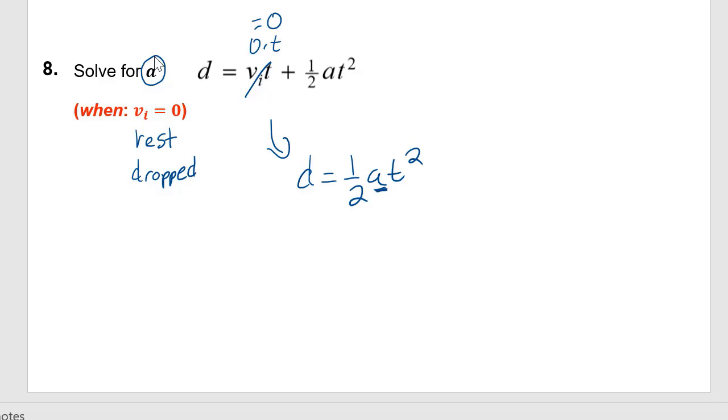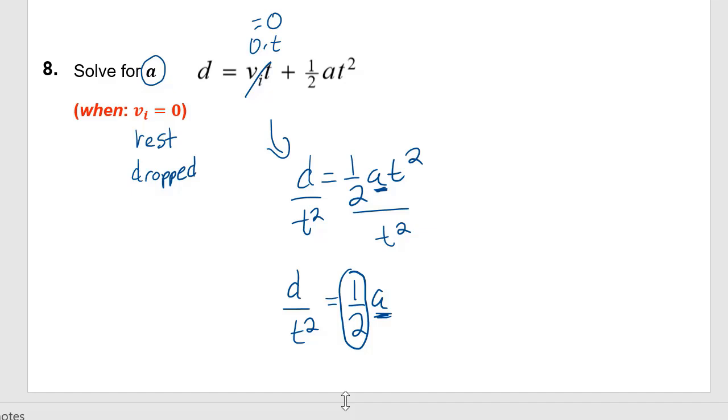We can divide by t squared first, or we could multiply by 2 first to get rid of this fraction. I'm going to divide by t squared on both sides. The left side is d over t squared, and the right side is 1/2 a. Then we need a by itself, so we want to get rid of the 1/2.